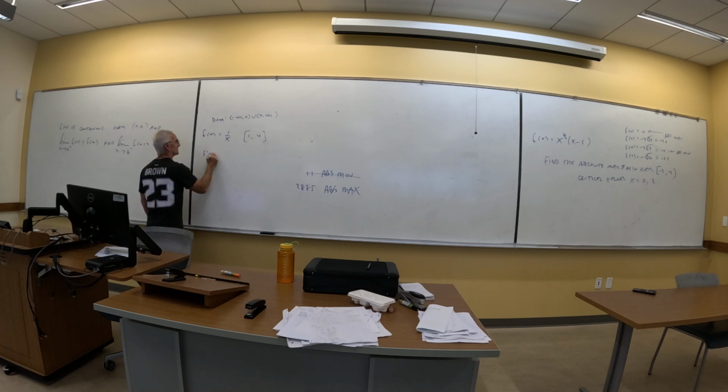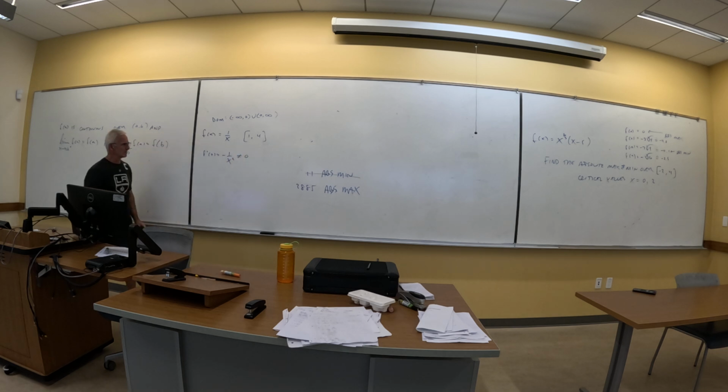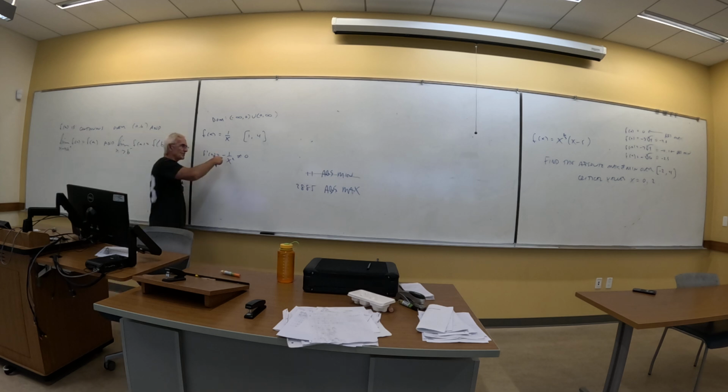So f prime of x equals -1 over x squared, which is never 0. It's undefined at 0, but 0 is not in my domain. So do I have any critical numbers for this? There's no horizontal tangent, but there's also none of the weird ones because the domain does not include 0.